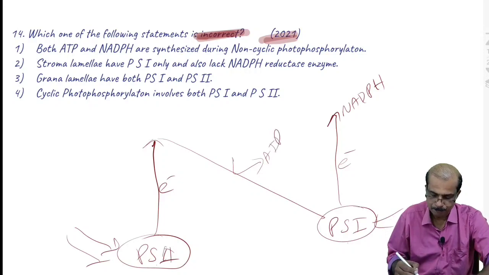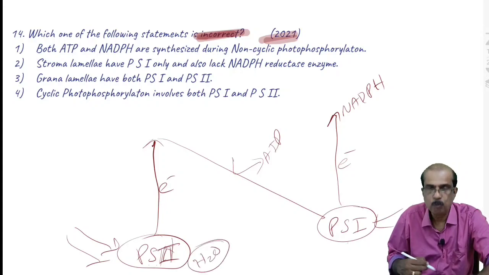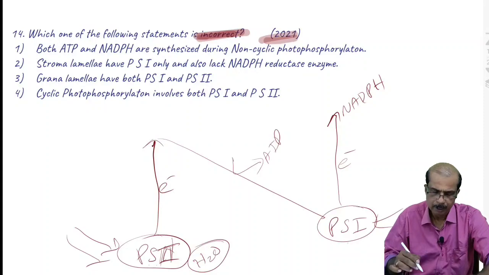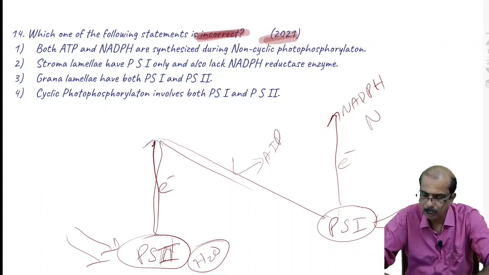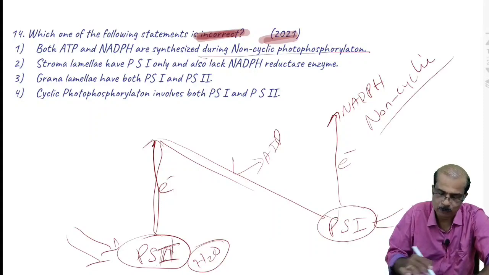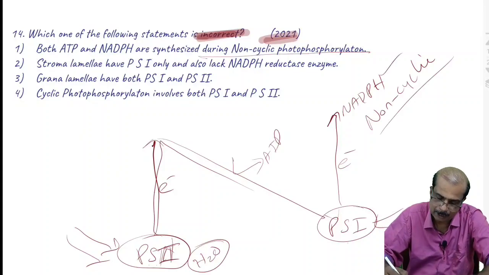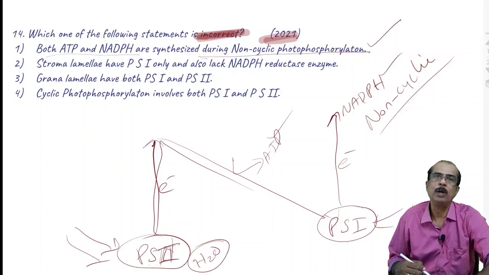The absence of electron in PS2 is compensated by photolysis of water. This is the Z scheme of electron transport, also called non-cyclic photophosphorylation. During non-cyclic photophosphorylation, NADPH and ATP are synthesized, and the statement is a correct one.